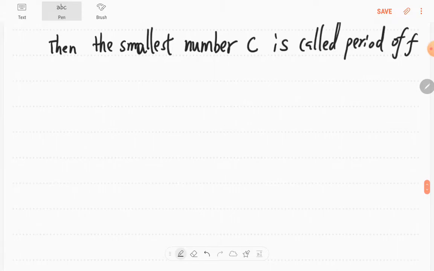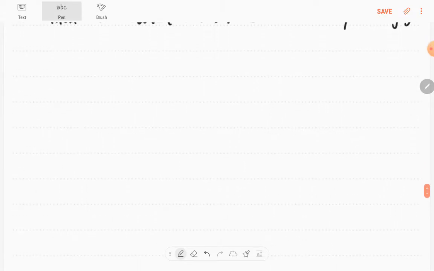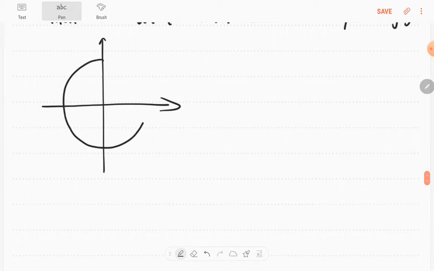So the sine function and the cosine function are actually periodic functions. Actually, all the trig functions are periodic functions. Here I will just talk about sine and cosine. This is the x and the y, right?